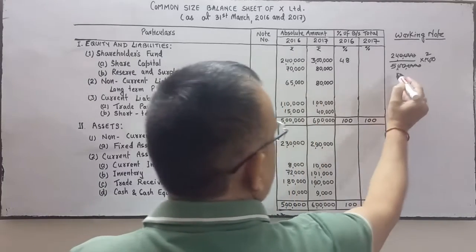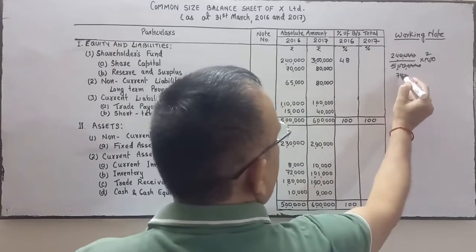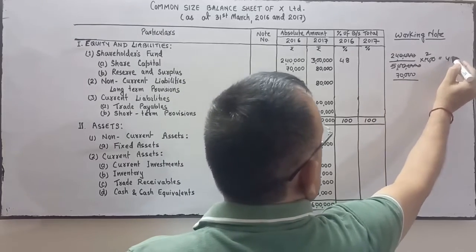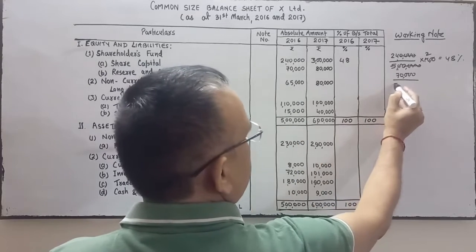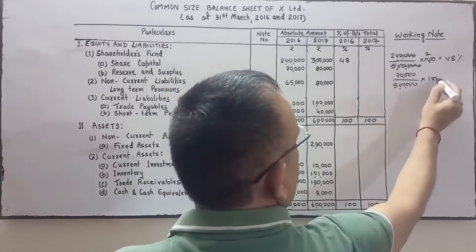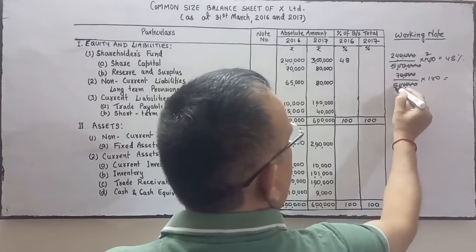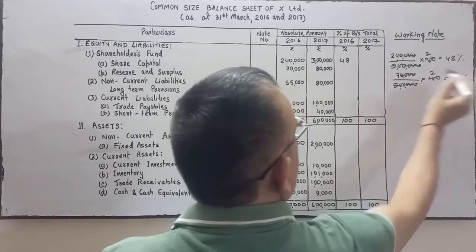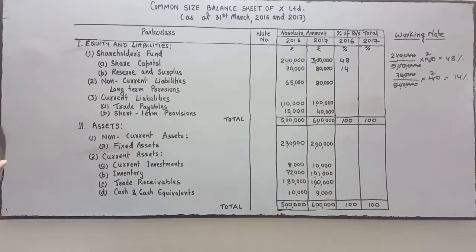Now 70,000 is your reserve and surplus, and total equity and liability is 5 lakhs, into 100. So it is 14%. Is it clear? It is 14%.